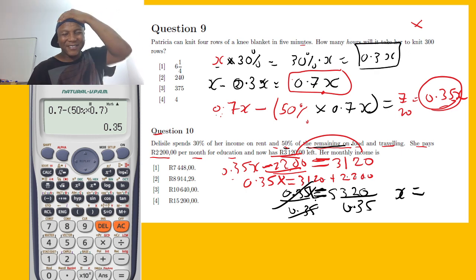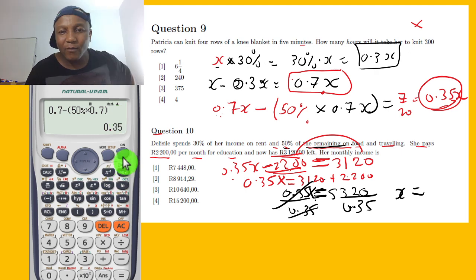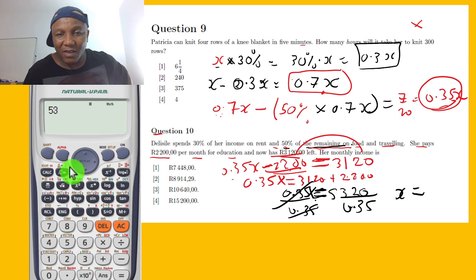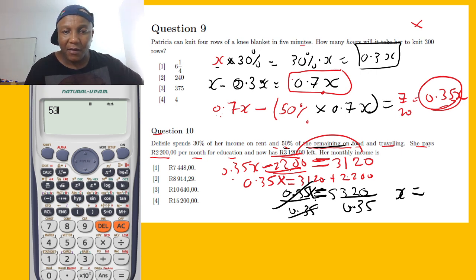Okay, so we will say right here, fraction, which is going to be 5320 divided by 0.35.